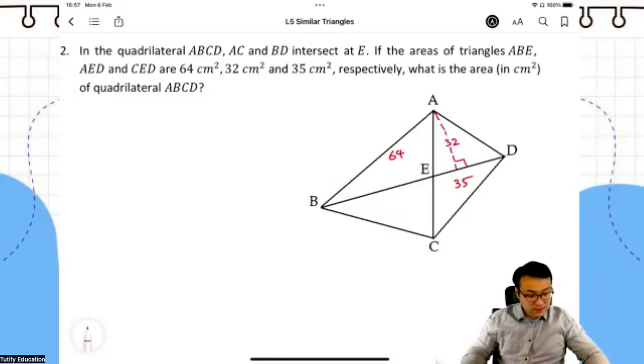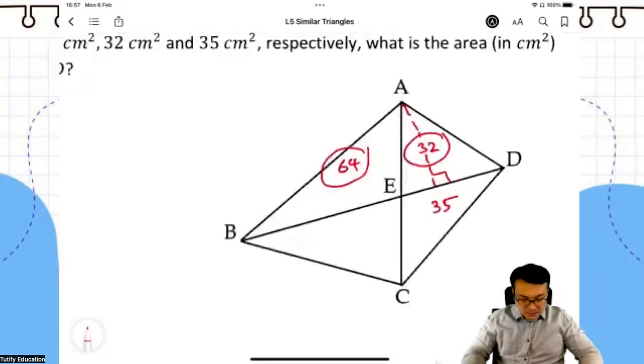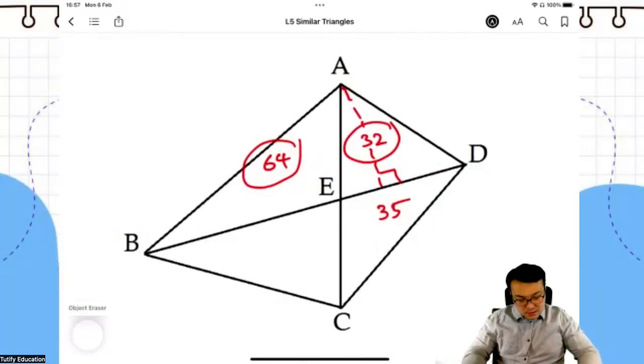This is the height. So if this is the ratio of the area, then can I ask Vishwam, look at these two triangles. What is the ratio of their area? 64 and 32. What's the ratio? 2:1.